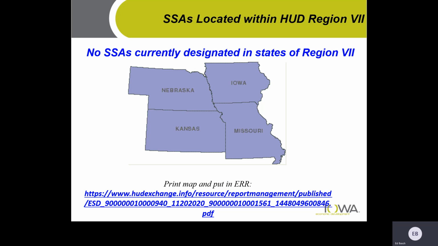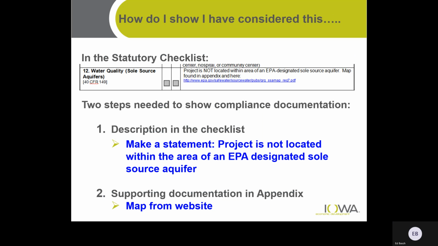So they do require that this map is put into the ERR just to prove it. And you can find it at this link shown on the slide. Okay, again, make the statement, project's not located within the area of an EPA designated soil source aquifer, and then just copy that map.